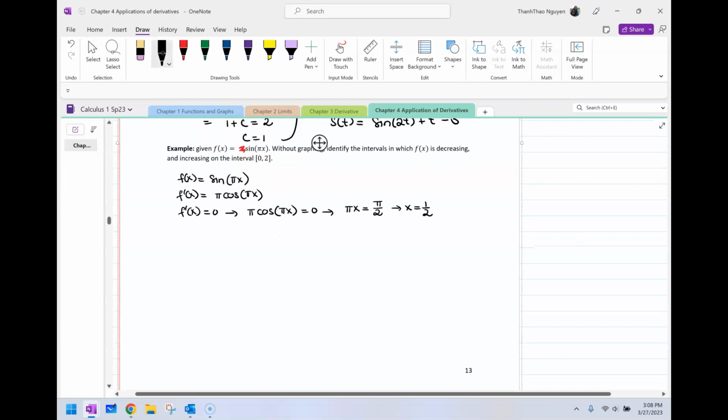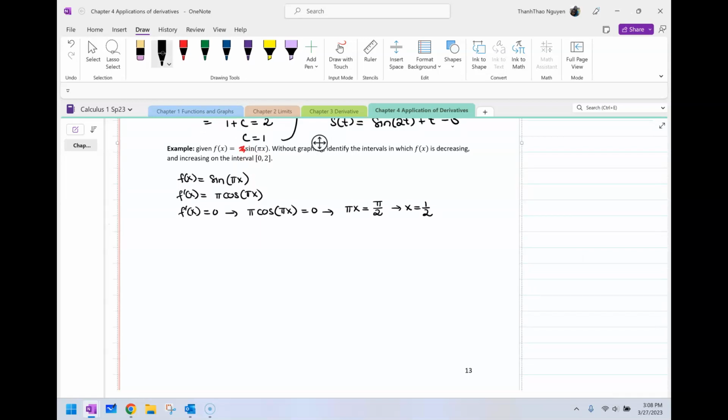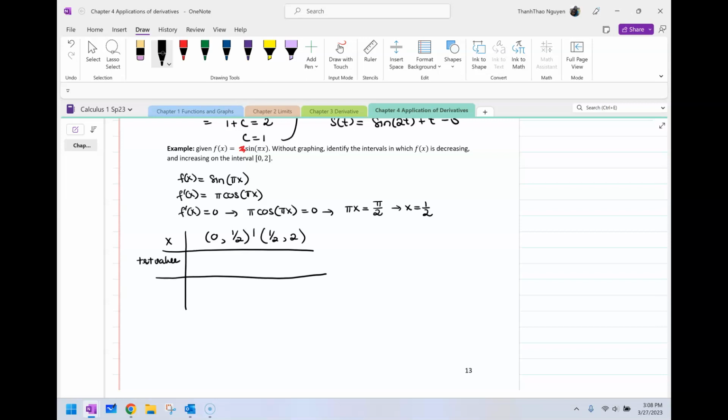We consider the closed interval 0 to 2. So let's take a look at the different intervals. We take the interval from 0 to 1/2 and the interval from 1/2 to 2, and see whether f prime of x is larger or smaller than 0 in each interval. To do that, we use a test value in each of these. Let's say the test values are x equals 0, x equals 1/4, and x equals 3/4, or let x equal 1.